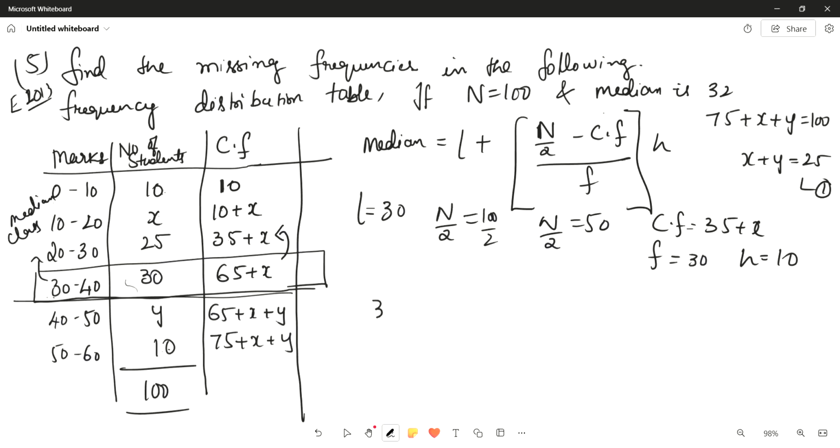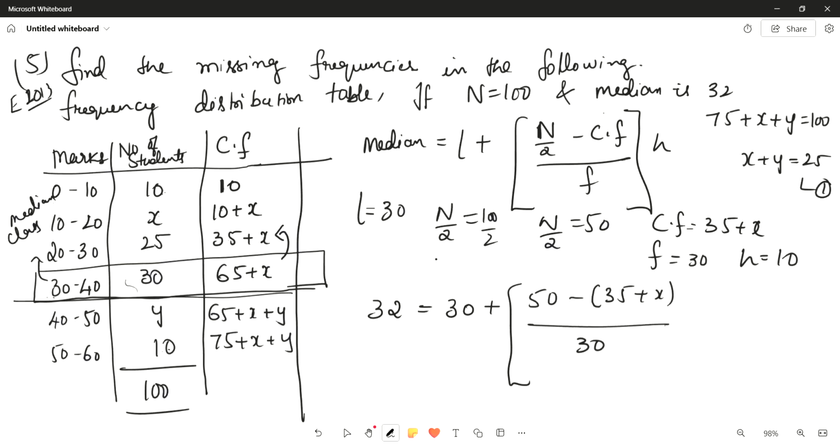Median is what? 32. That is equal to L is 30 plus n by 2 is 50 minus of 35 plus x. Minus is there for both. Okay, F is 30, H is 10. Since it is multiplication here, these two are multiplication, I can cancel.